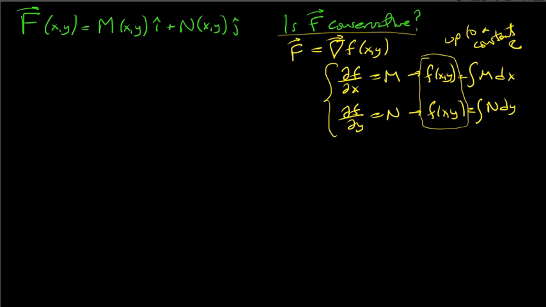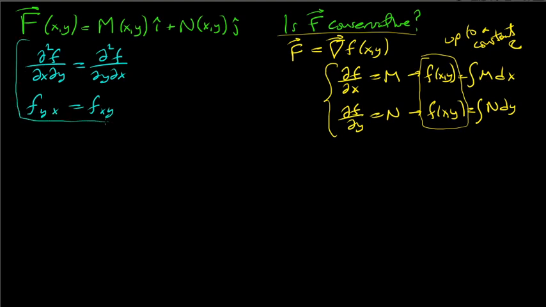Remember when you take the second partial derivative of f with respect to y and then x, or with respect to x then y, and again, I know this is backwards, this is yx, and this is xy. You remember that it doesn't matter. These two partial derivatives will be equal.